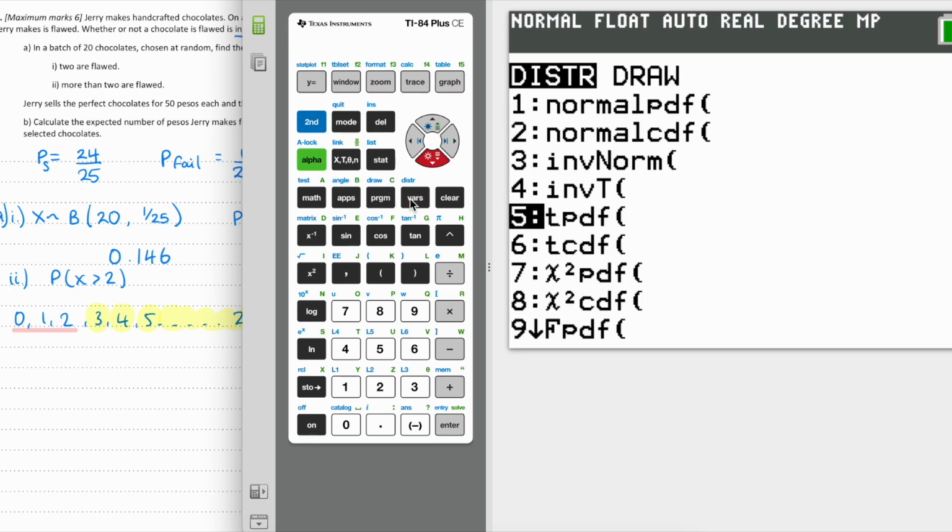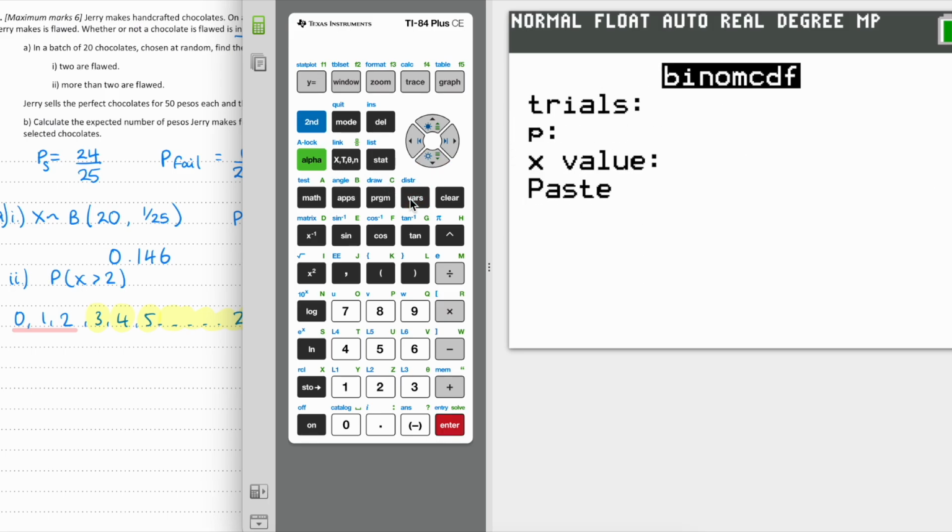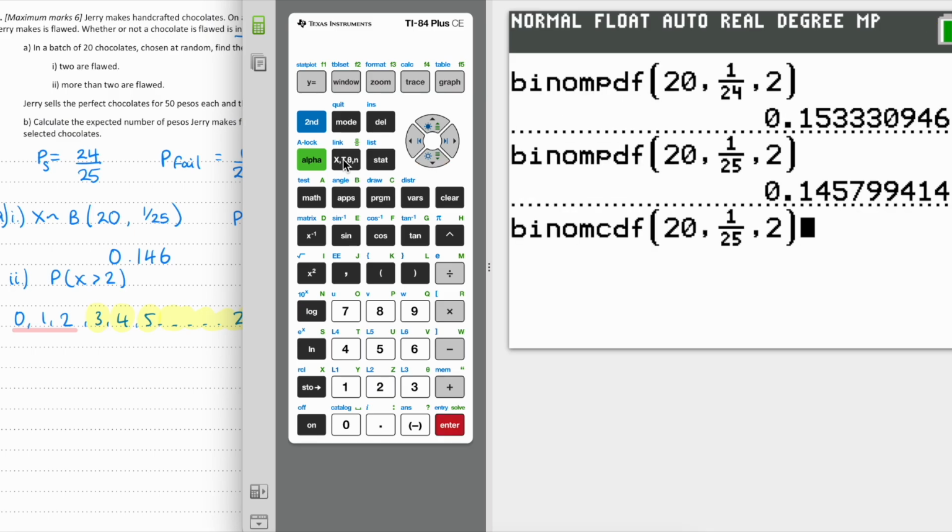So I'm going to go into binomial CDF, and I still have 20 trials. It's still 1 out of 25. And this time I want essentially 2 and less. So I'm going to write 2 because it's the maximum value that you want to include and less than. And that gives me 0.956137.